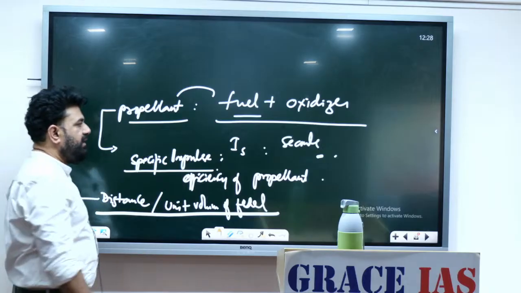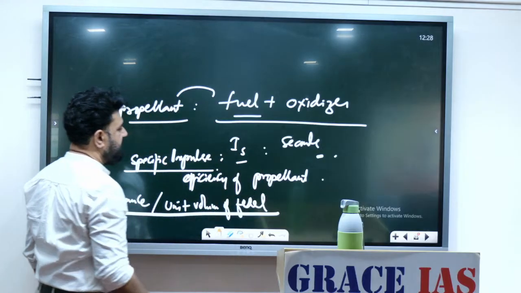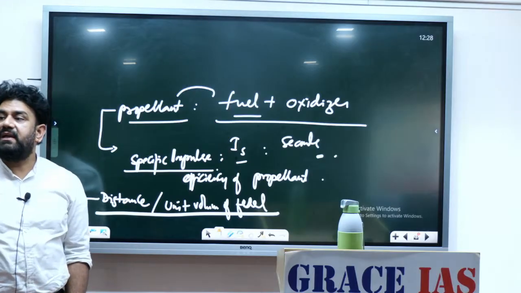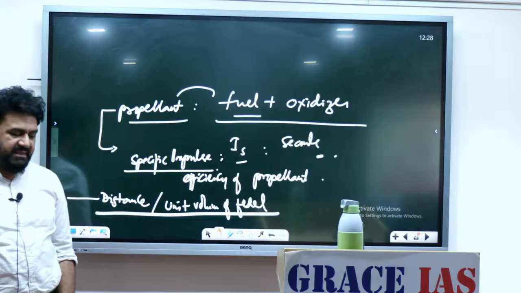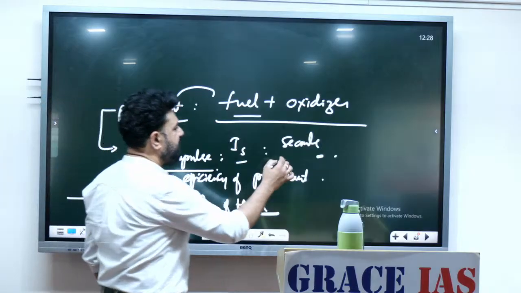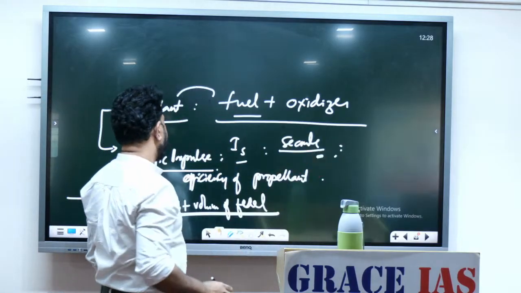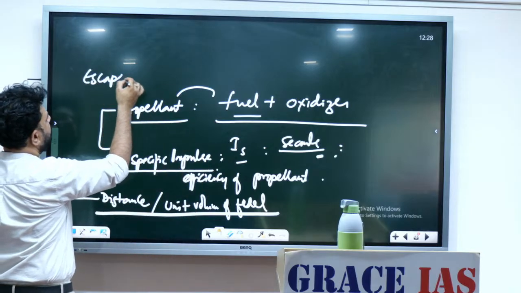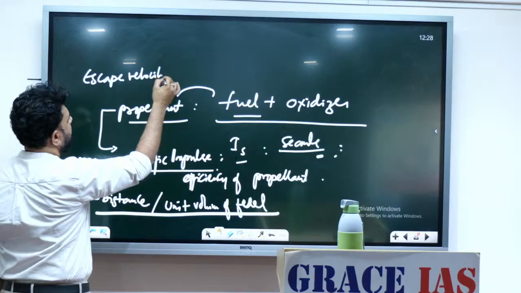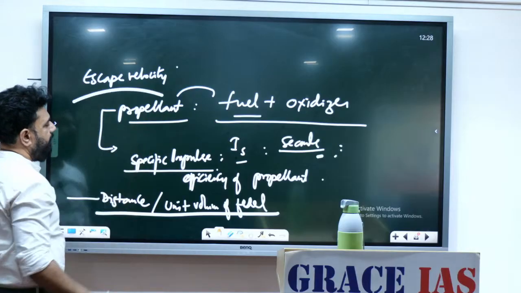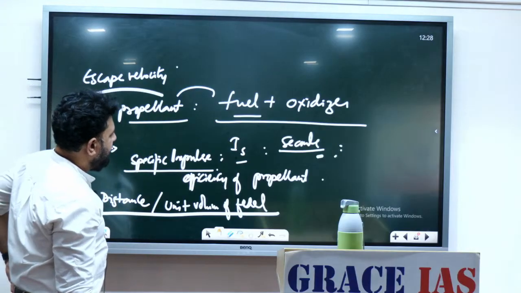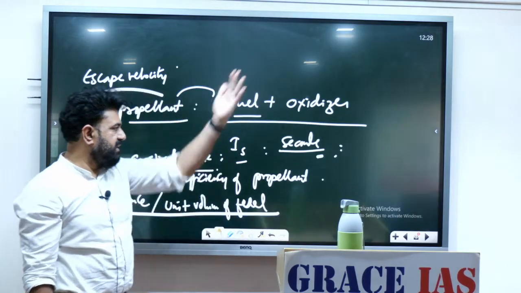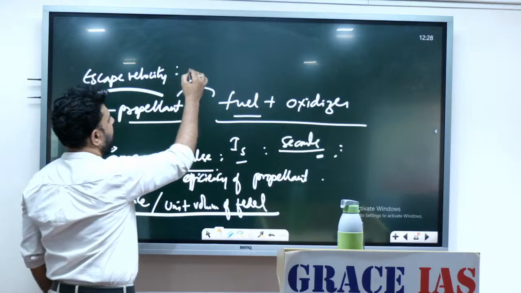But here we are using a term called specific impulse to measure the efficiency of a rocket propellant. What is the difference? Basic stuff. Yes, here it is measured in seconds. That means the escape velocity, or the speed required for a vehicle to escape the gravitational pull of the earth and enter outer space, is very high.